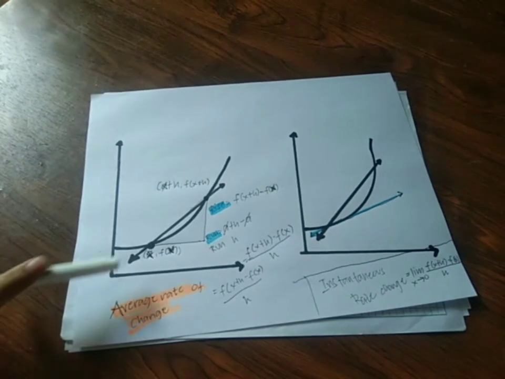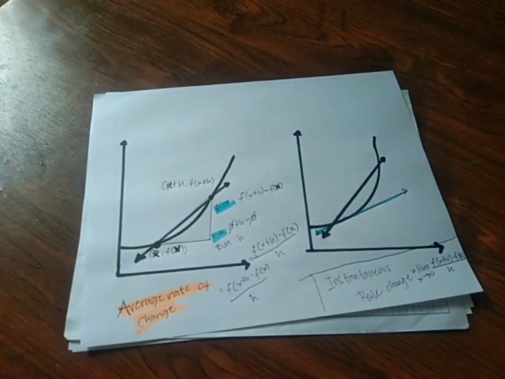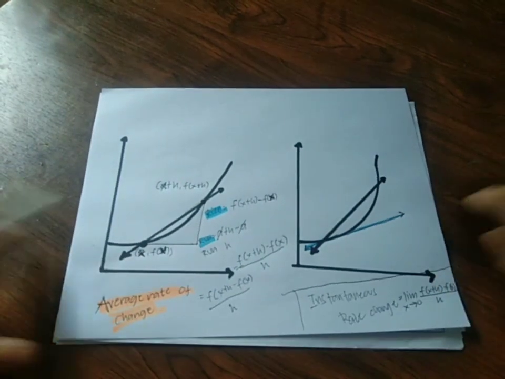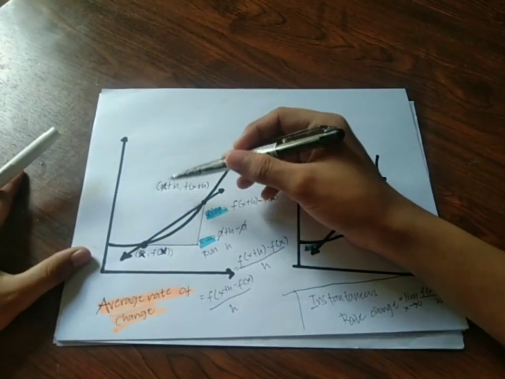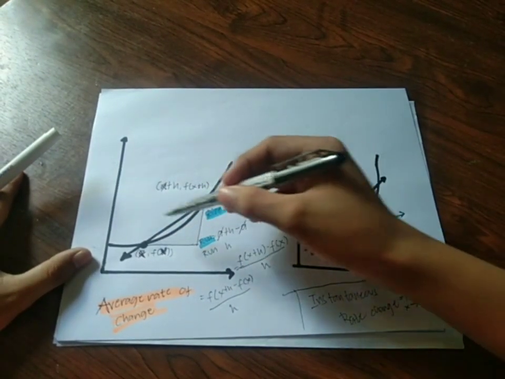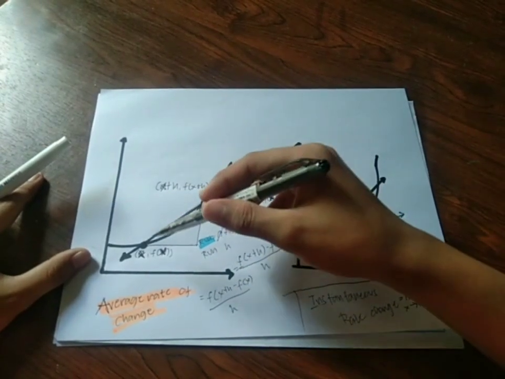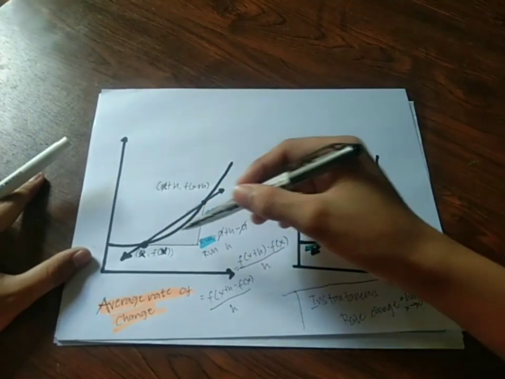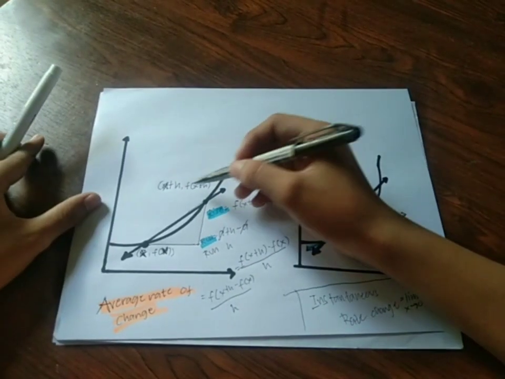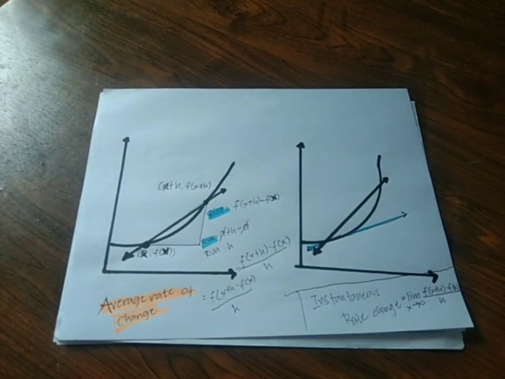This is the value of x since it is the domain, and f of x is basically the y value. So here, x plus h, because it moves h units to the right. So x plus h and f of x plus h. That is the distance between them.